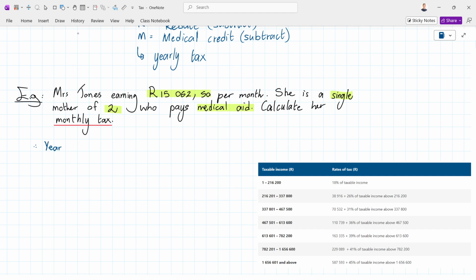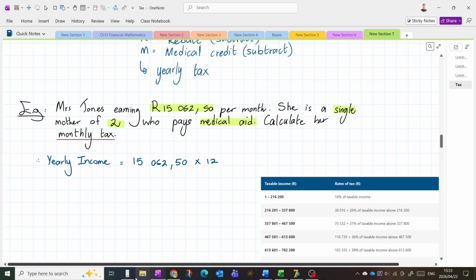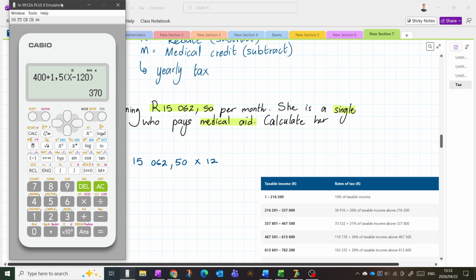Yearly, you can say yearly income or annual income. Yearly income is going to be the 15,062 Rand and 50 cents times 12. Again, it's a year, so times 12. Let's get the calculator here.